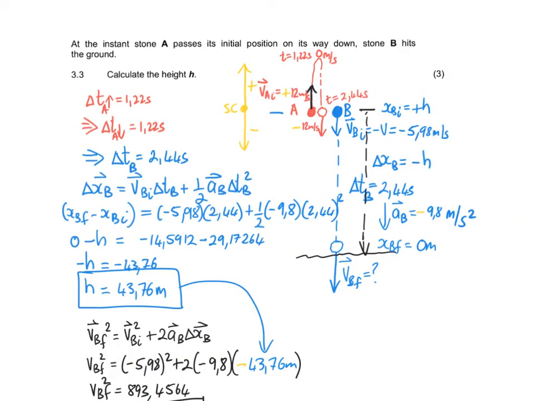In the next question, 3.3, we are told at the instant stone A passes its initial position. So A took 1,22 seconds to get to 0 meters per second at its maximum height above the ground. And then, there's a symmetry here.